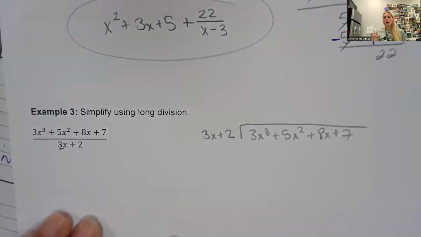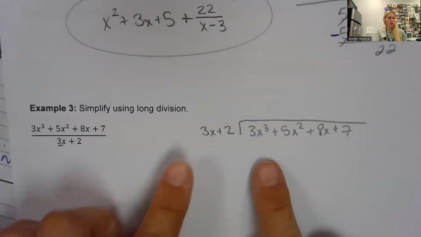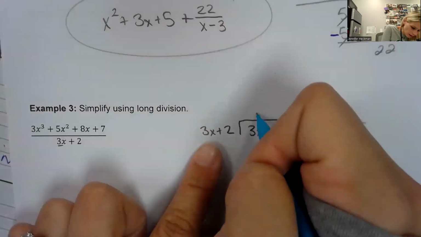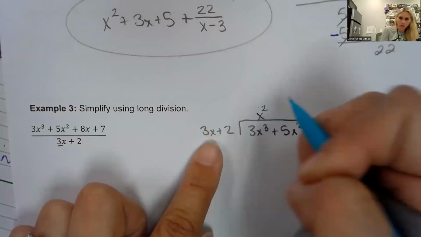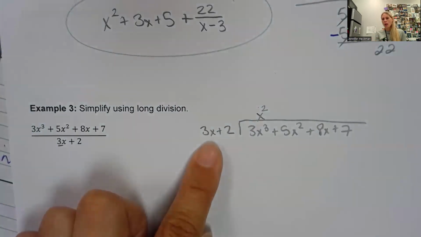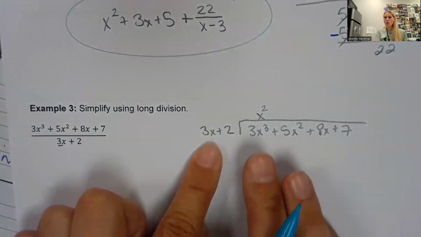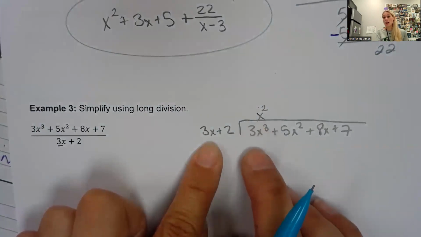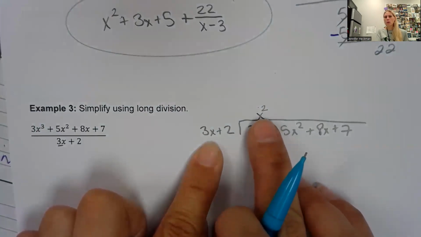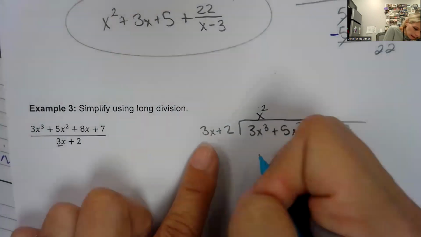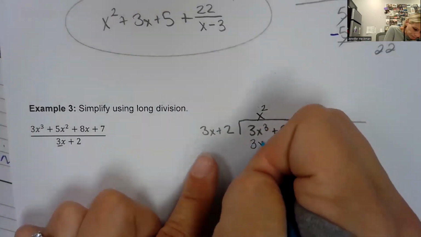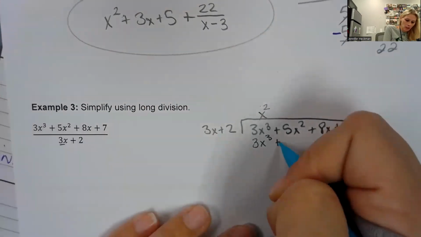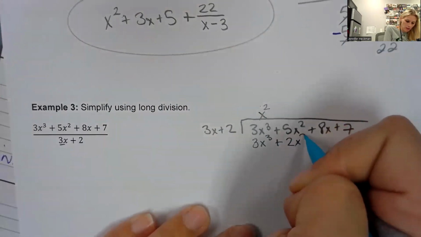Okay. All right. Ready? What do you multiply 3x to get to 3x cubed? Well, I just multiplied by x squared. Now, if you write the wrong thing down, you should notice because you won't get the same value here to cross out, okay? So x squared times 3x gives me 3x cubed. And x squared times 2 is 2x squared.